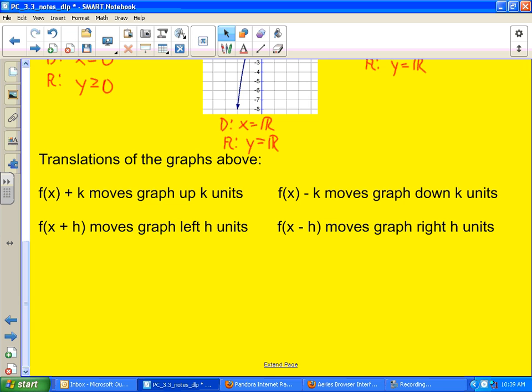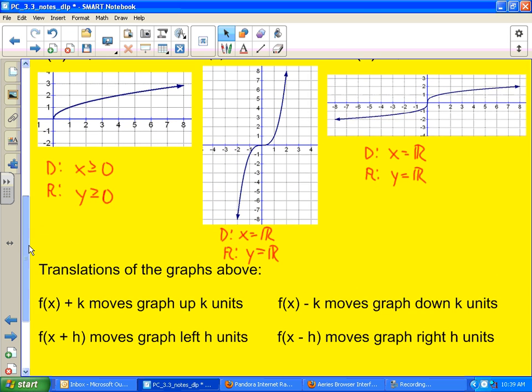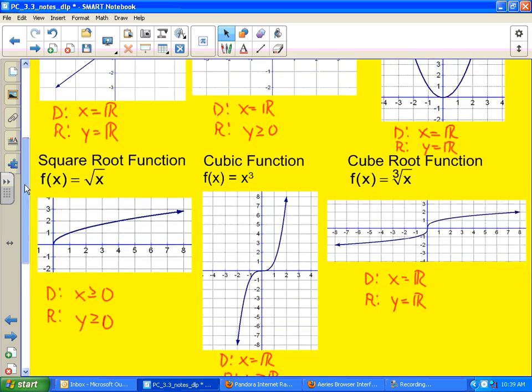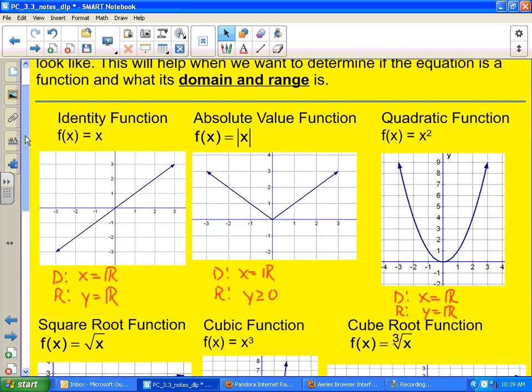Plus moves up, minus I move down. We talked about inside the function with the x's. You have left and right movements. So it's x plus, we're going left. And if it's x minus, we're going right. So you might want to peek at this, and again, check out the review of parent functions on the YouTube.